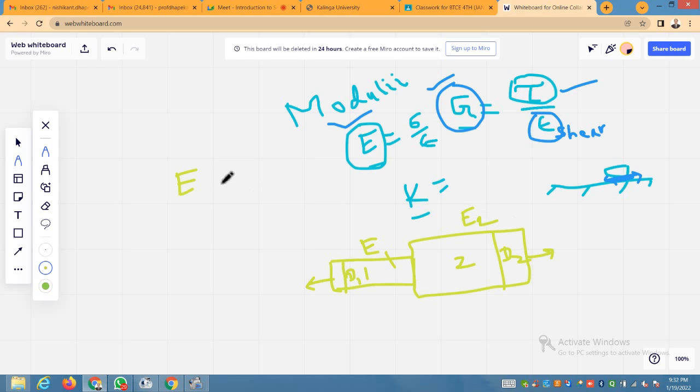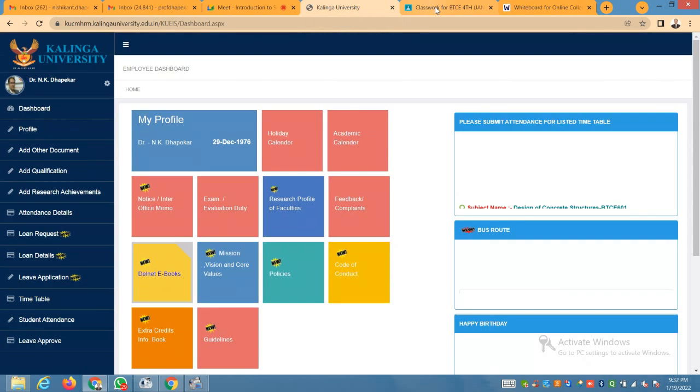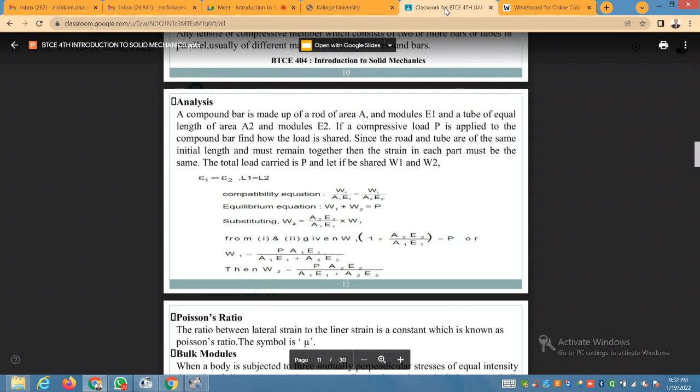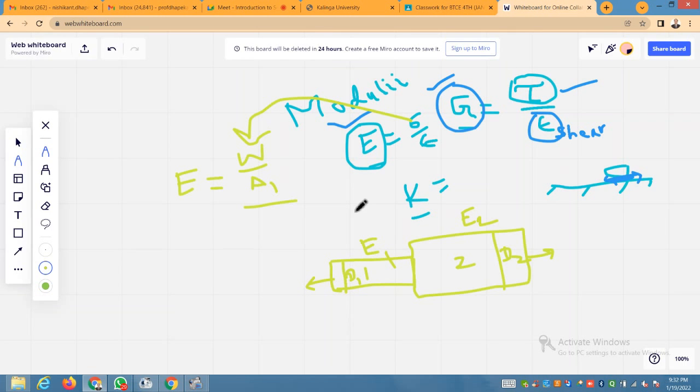Now this E, modulus of elasticity, is stress upon strain, as I have mentioned here. Now stress will be equal to load divided by area. I am trying to calculate for this first portion, divided by, this is the value of stress, divided by strain is change in length upon original length. So change in length upon original length is defined as strain.